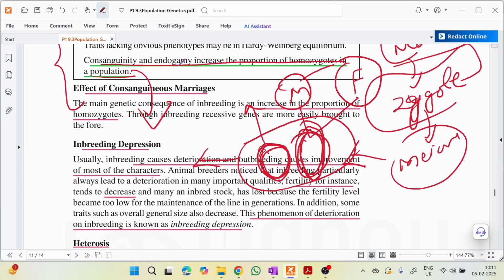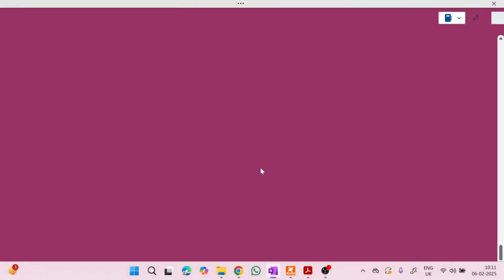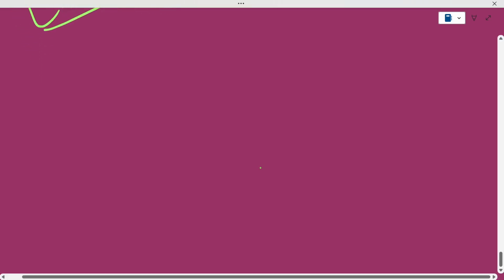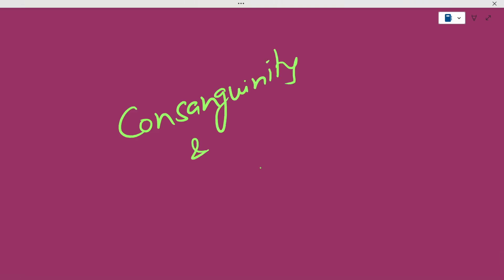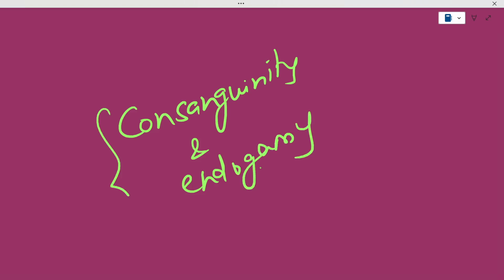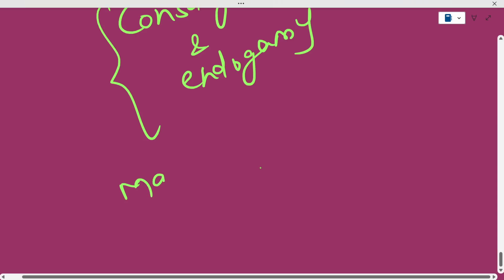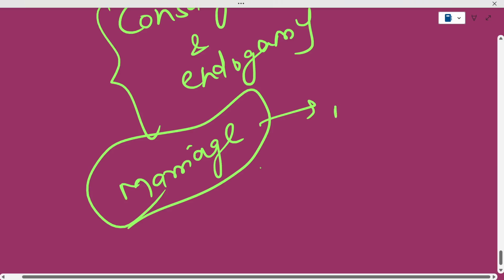Consanguinity and endogamy, both of these, let's explain in detail. Well, both are marriage types. They are not mating types, but marriage is there for mating.